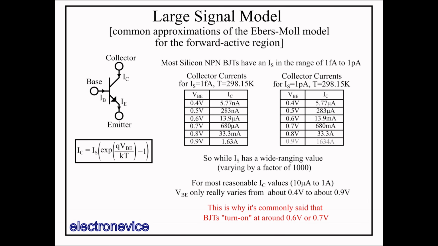And this is why it's commonly said that the BJT turns on at around 0.6 volts or 0.7 volts. Another part of this is that while almost all signal BJTs have between 1 femtoamp and 1 picoamp of reverse bias saturation current, a significant fraction of these have a narrower range of between 5 femtoamps to 100 femtoamps, and so the 0.6 volt turn-on makes even more sense there.